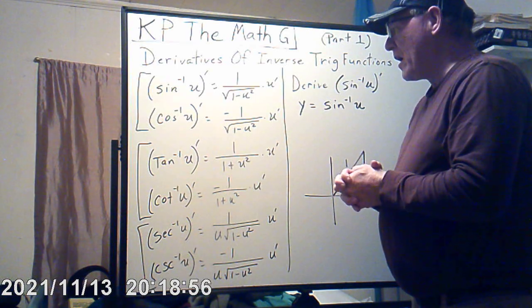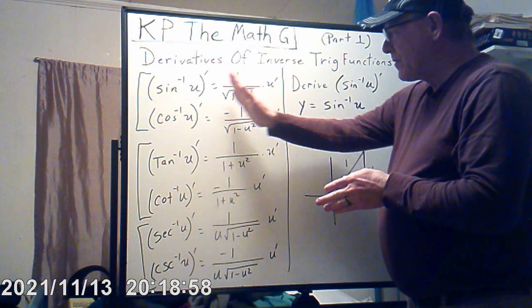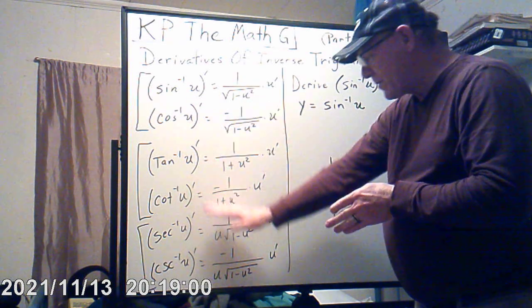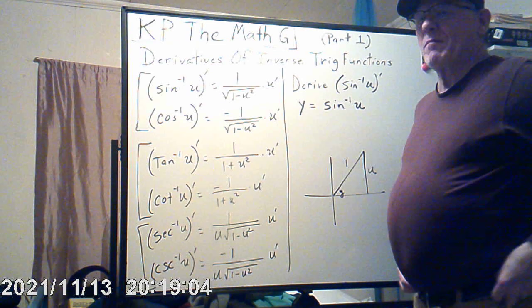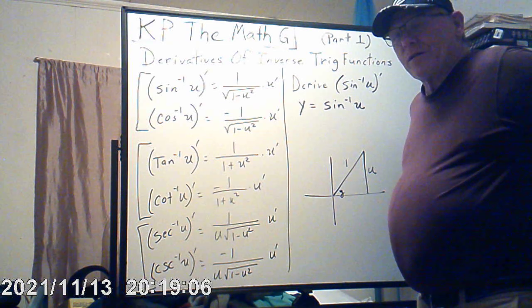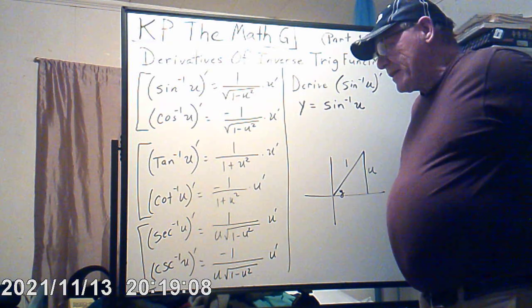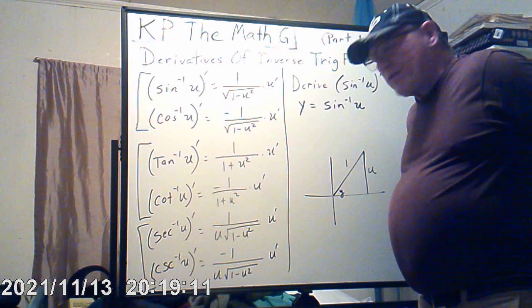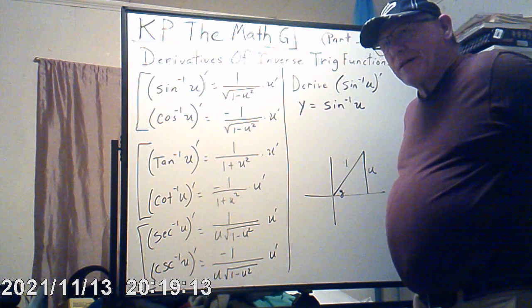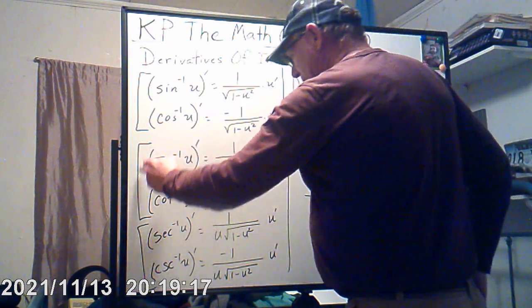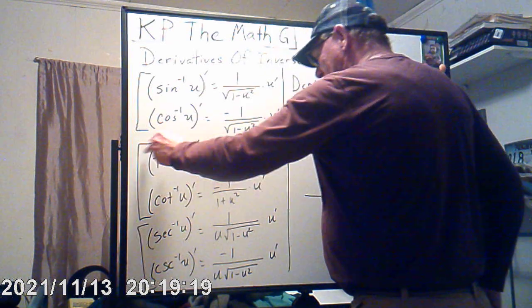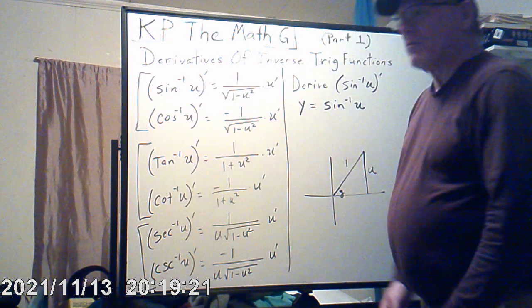Okay. If you notice over here on the left, I have all the derivatives here. I want to say that the most common one, now I have not taught in a few years, but from what I have gathered teaching before, the tangent inverse has been the one that is used probably the most.